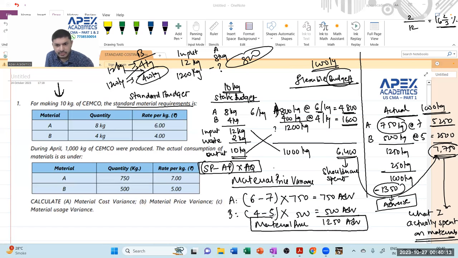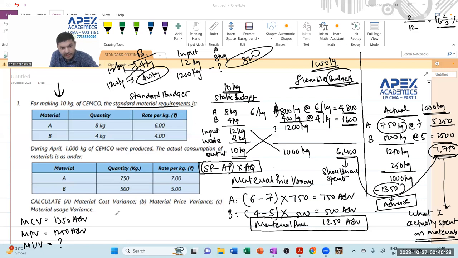Material price variance is 1250 adverse, and here there is a variety of MCQ question that can be asked. Please pay attention. Material cost variance is 1350 adverse. Material price variance is 1250 adverse. What is material usage variance?